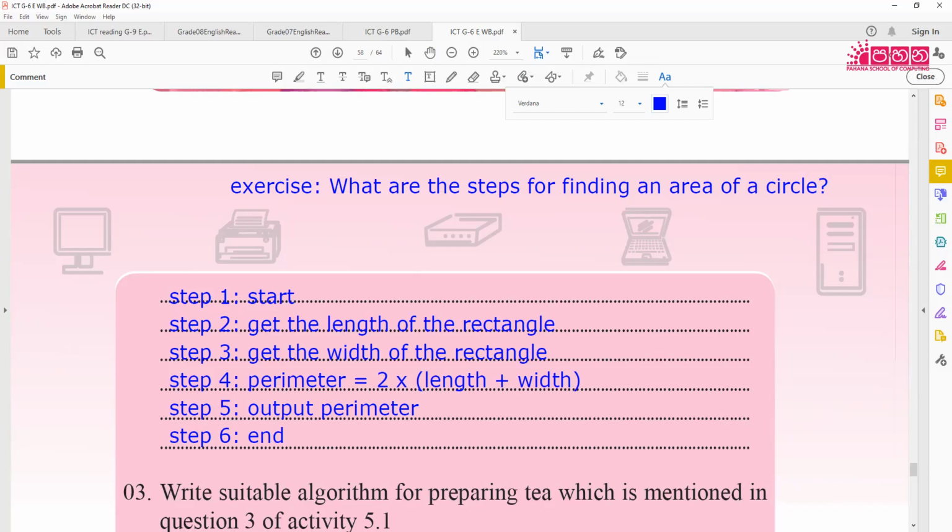Yeah. So let's say what are the inputs? Okay, let's start with that one. Yeah, what are the inputs to find the area of a circle?